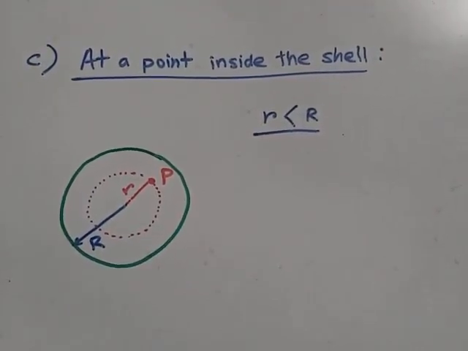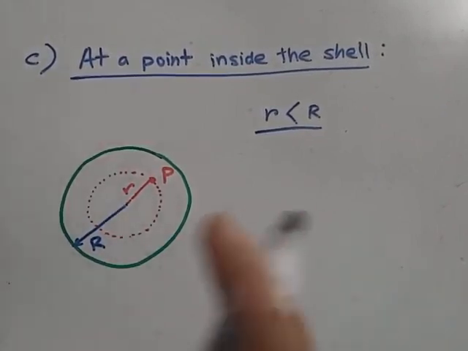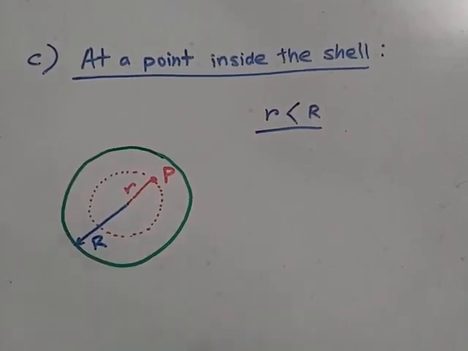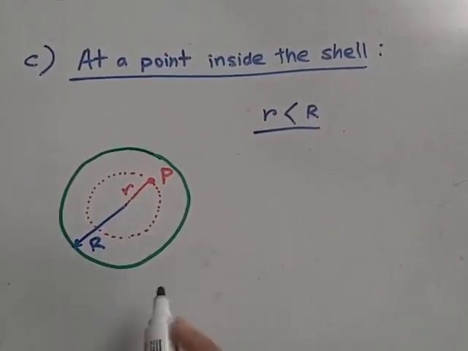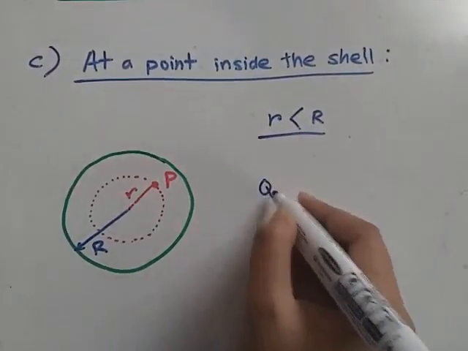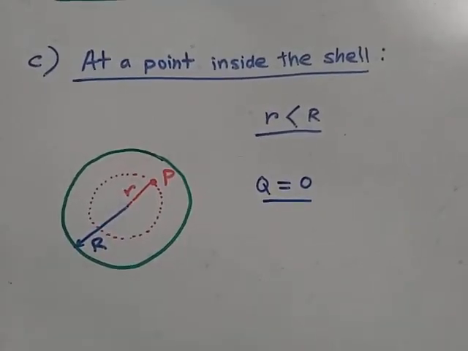Now, it is a common fact that the charge always resides only on the outer surface of the shell. So here the Gaussian surface does not enclose any charge. Therefore, the value of Q is equal to 0 for this case.